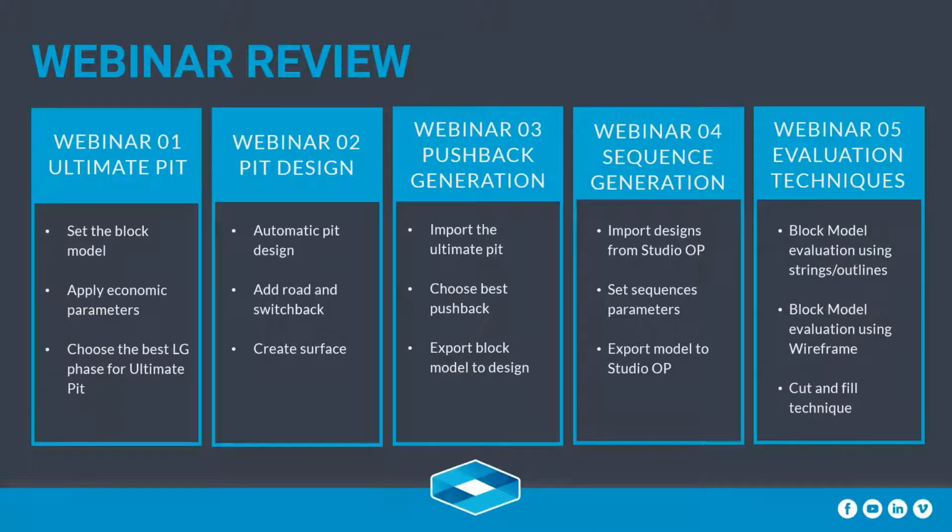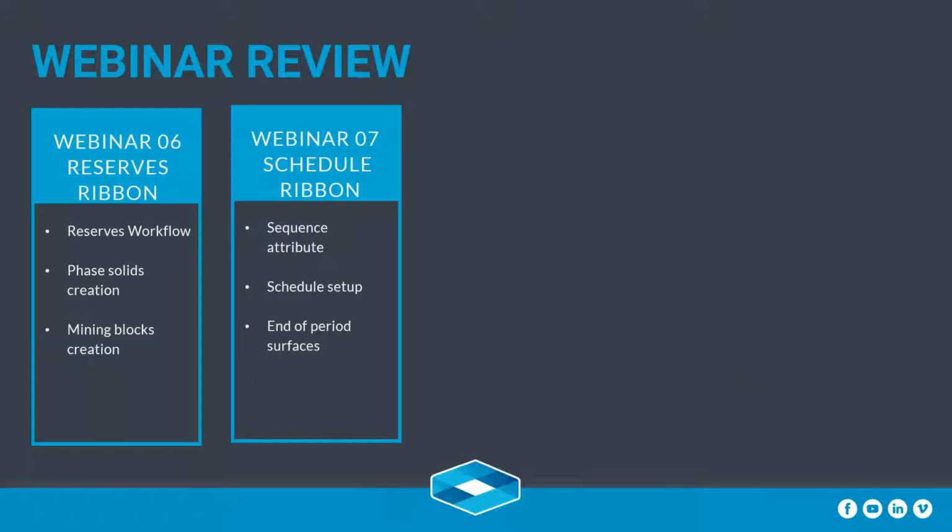Also, we went through the evaluation techniques in OP, and in the last webinar we did the reserves ribbon, so basically the reserve workflow, the phase solids, and also the mining blocks creation. And for today, we are going to see the schedule ribbon. So basically, it's the sequence attributes. We are going to set up our schedule and also create, at the end, our end of period surfaces.